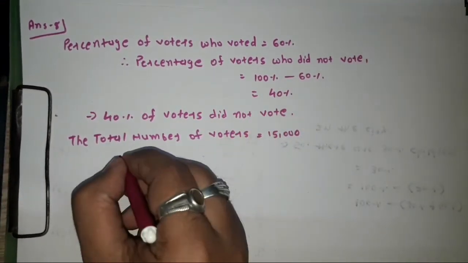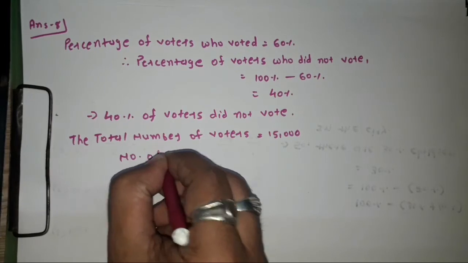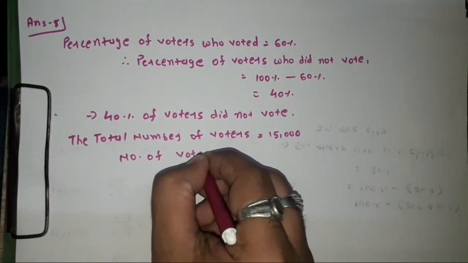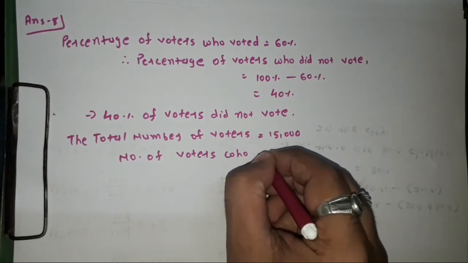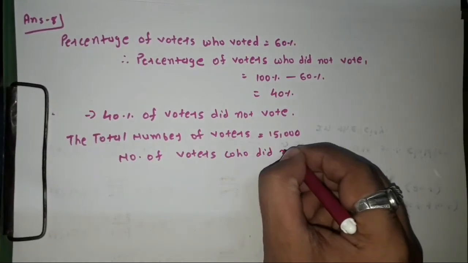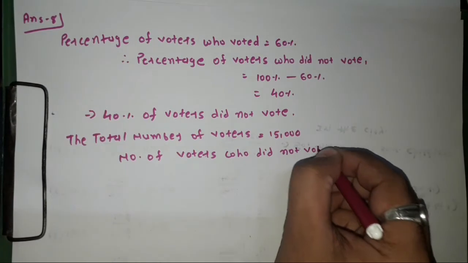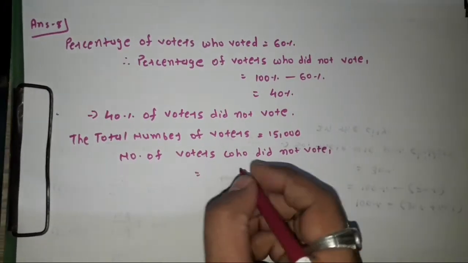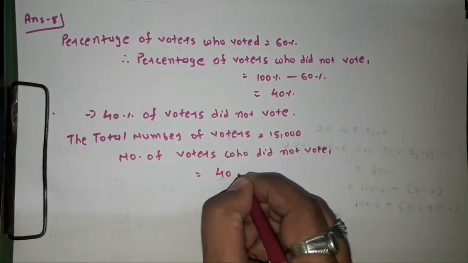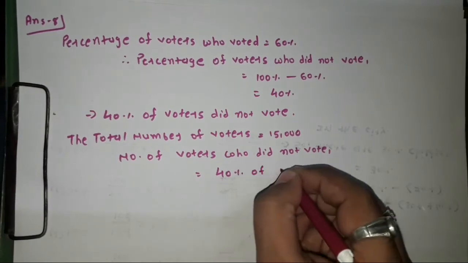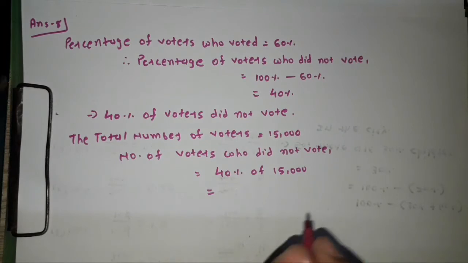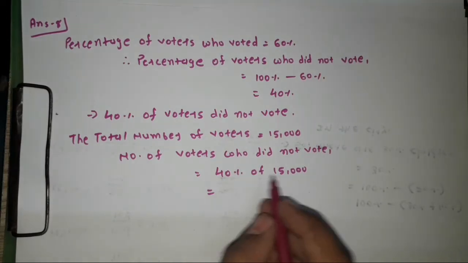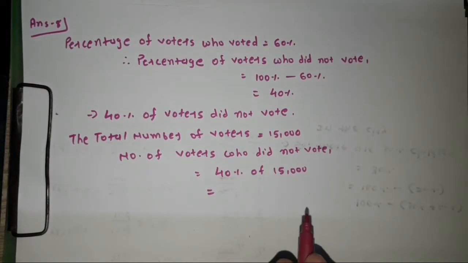To find the number of voters who did not vote, first we can write 40% of 15,000. So overall voters are how much? 15,000. From 15,000, 40% didn't vote.